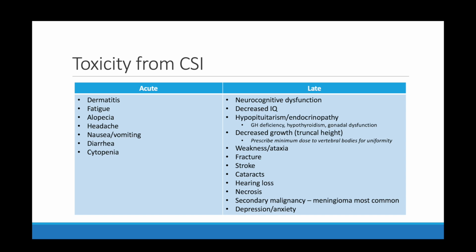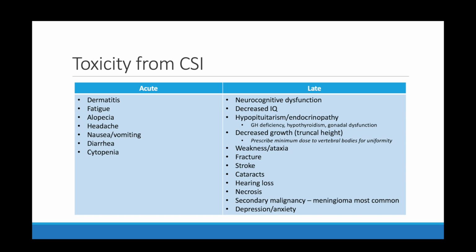They do have decreased IQ from craniospinal irradiation. They almost always also get hypopituitarism and endocrinopathy, so they can have growth hormone deficiencies, hypothyroidism, gonadal dysfunction. They can have decreased growth in truncal height because of the dose to their vertebral bodies.